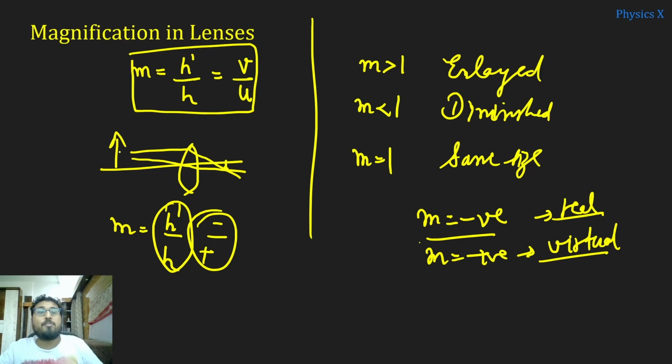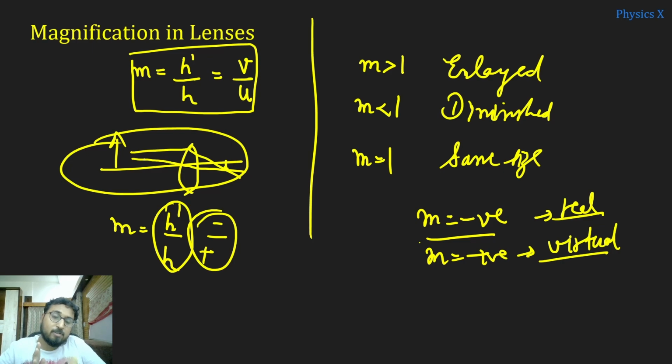How? Because if this is your lens, I told you that the observer is on the opposite side of the lens from where the object is placed. The object is placed on the left hand side and the observer is on the right hand side of the lens. So that's why we define this formula as v by u, not minus v by u, for a lens. Why?